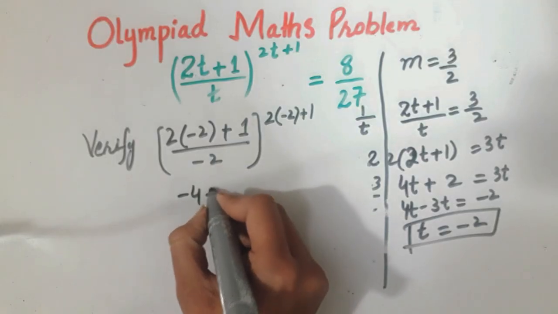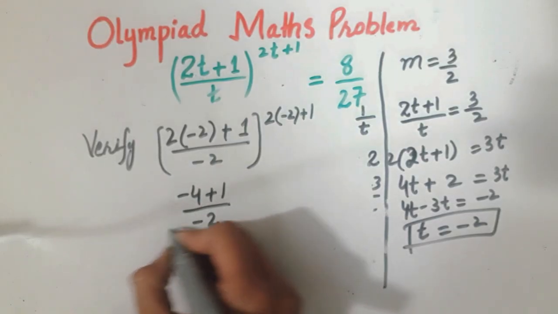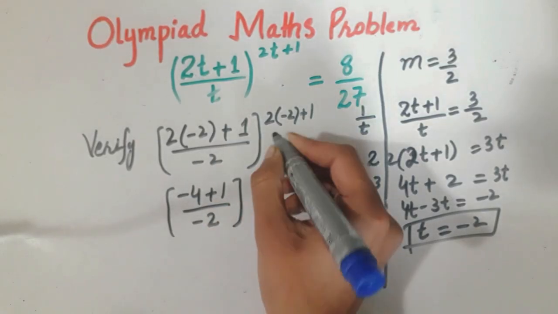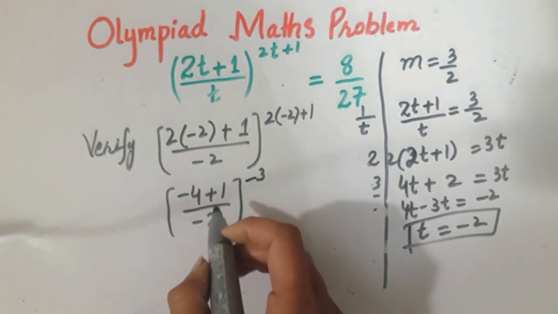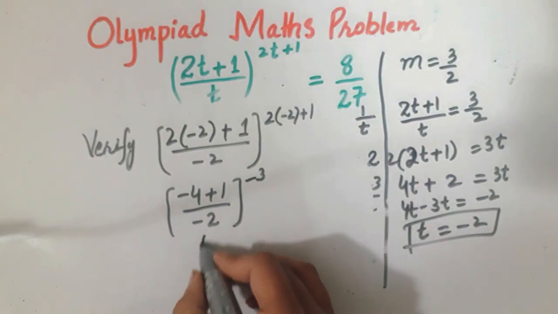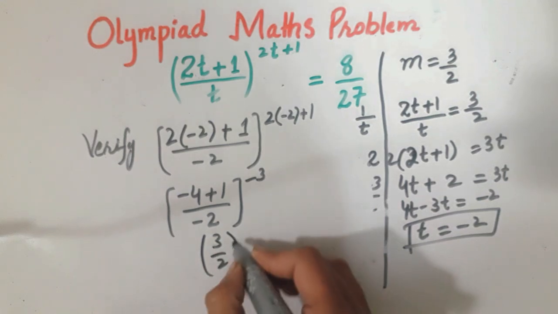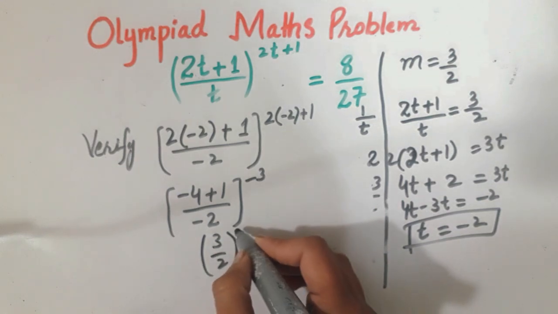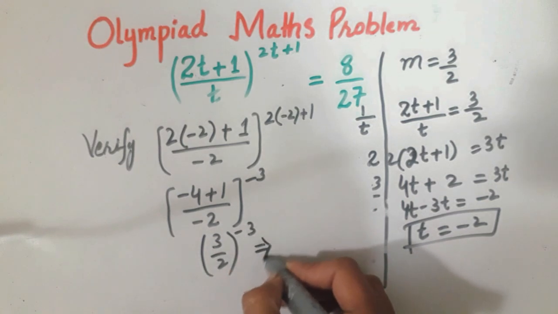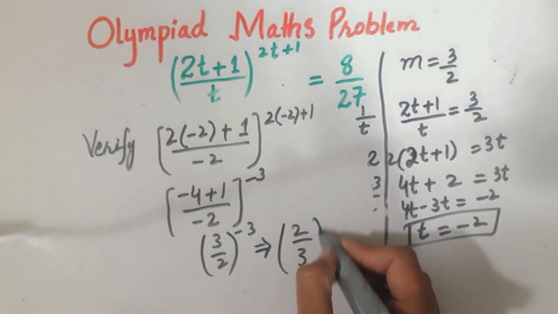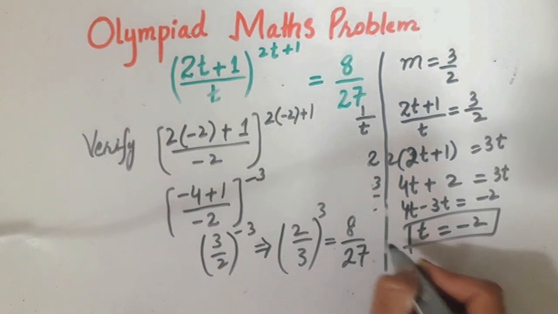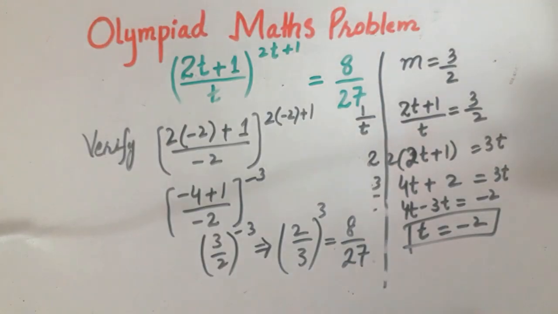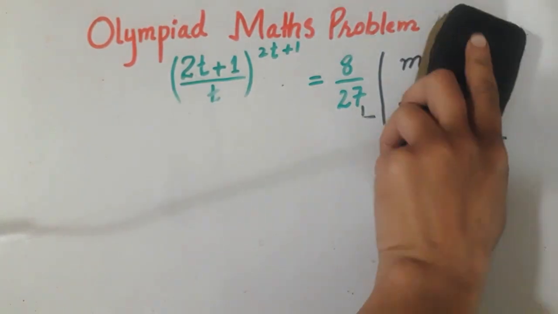So this is -4 + 1 and -2, and -4 + 1 is -3. So we get (3/2) to the power -3. To make it positive, we will write (2/3) to the power 3, that is 8/27. It means that our solution t equals -2 is correct.